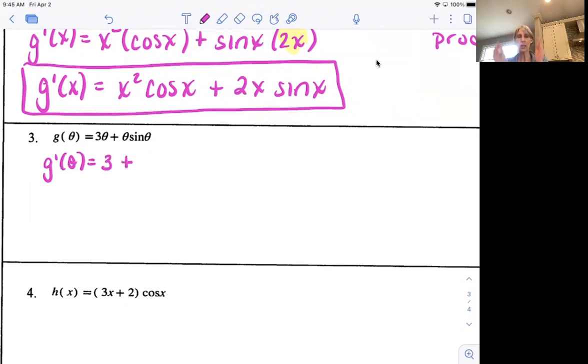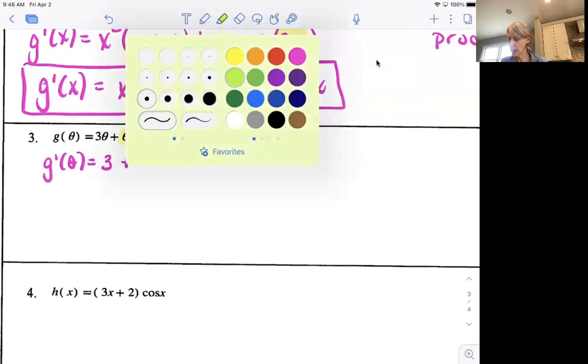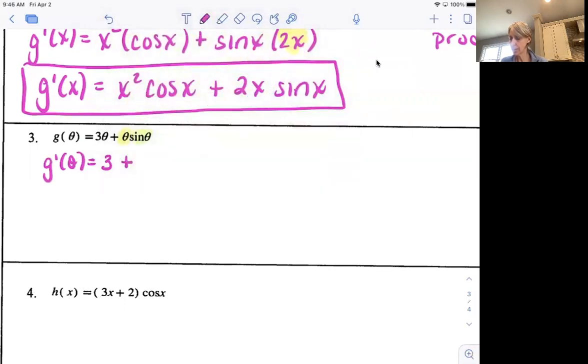Plus, now this is going to be a product rule, this portion here. I'm actually going to go like this to help us see the two functions. So I have the first, which is just theta, times the derivative of the second, plus the second, times the derivative of the first, and the derivative of theta is just 1.